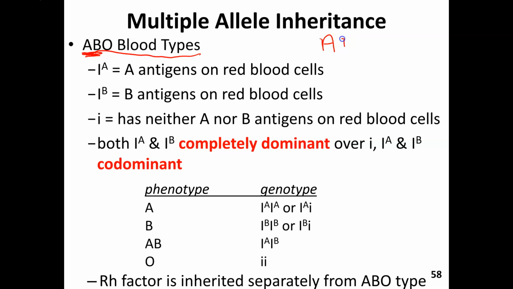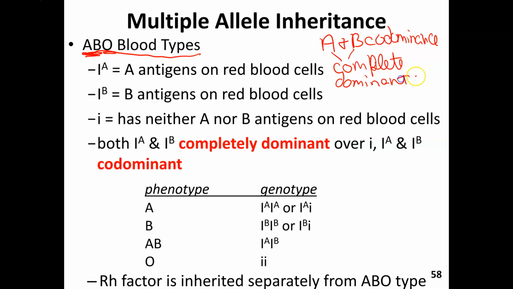Type A and B show codominance, whereas type O blood is recessive. A and B are completely dominant to type O blood, okay?